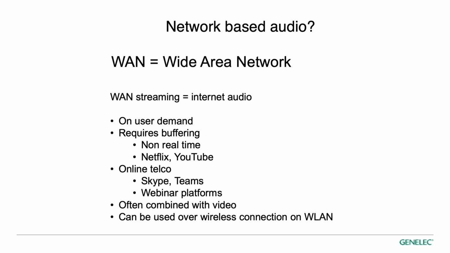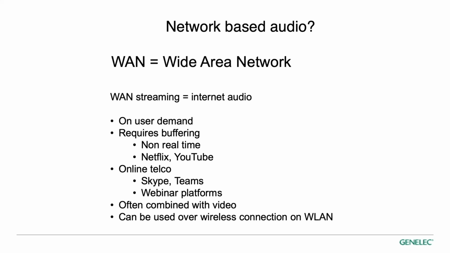This means also that it is requiring some buffering, because the signal that we are receiving can be coming from very far away. It may be on the other side of the globe on a cloud-based server. So this is not enabling us to have real-time traffic and real-time signal transmission.